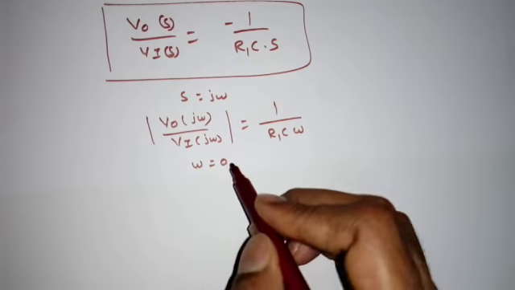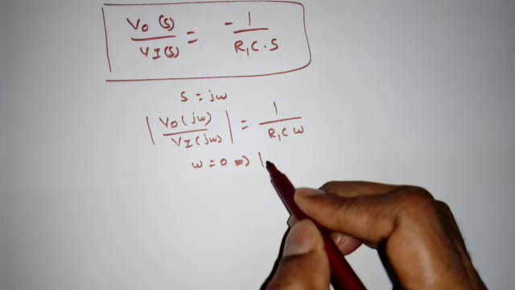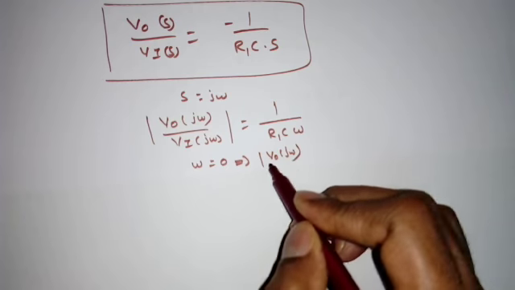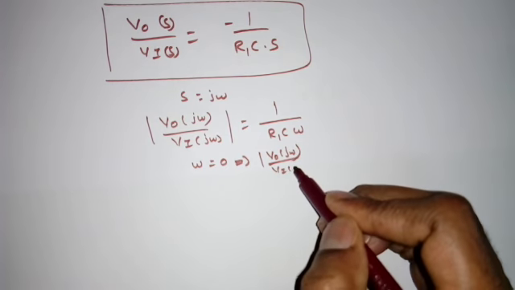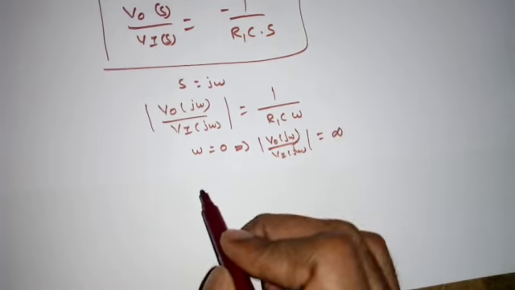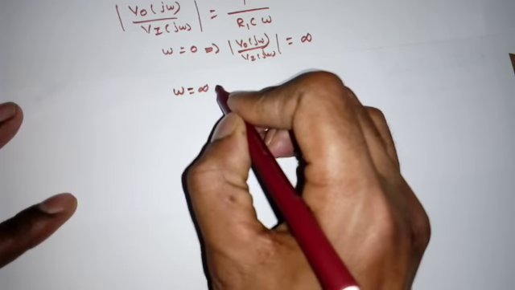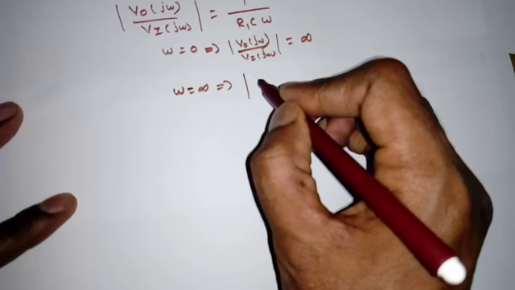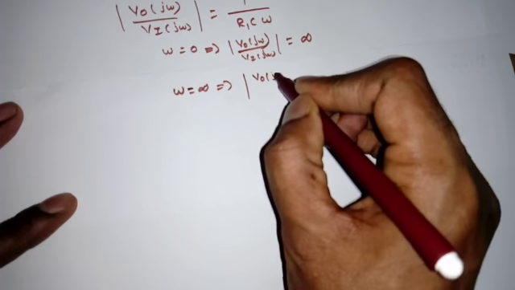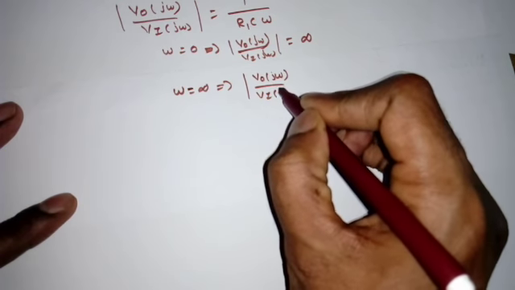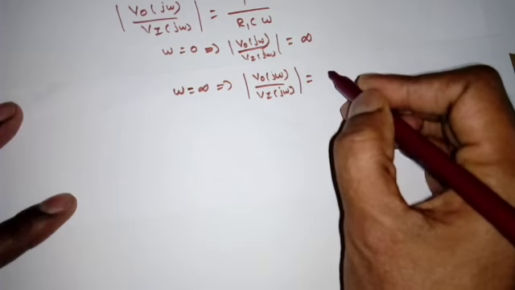So now if I substitute omega equal to 0, the magnitude is 1 by 0, means infinity. Suppose if we substitute omega is equal to infinity, then the magnitude will become V0 of j omega by Vi of j omega is equal to 1 by infinity.